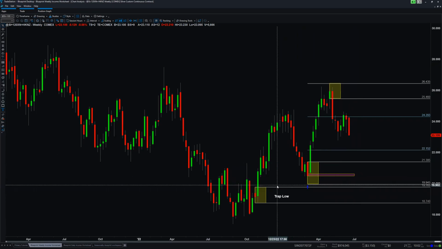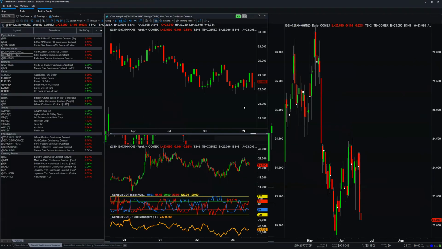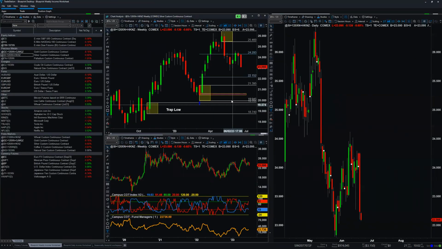So same as with gold. Usually gold and silver, they move hand in glove. They move in unison, but not always and not necessarily always. So we can look at them independently, but most of the time we will look at them kind of combined and then see, well, which one sets up the best.